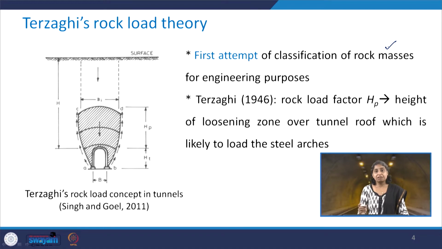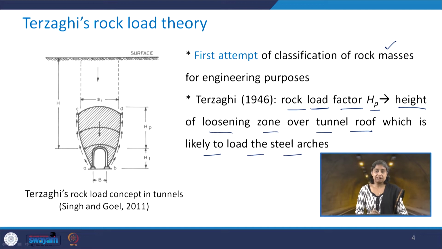Terzaghi defined the rock load factor Hp, which was defined as the height of the loosening zone over the tunnel roof which is likely to load the steel arches. So, take a look here. This is the excavation.